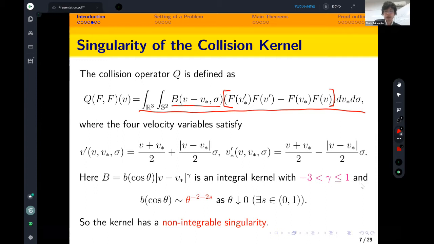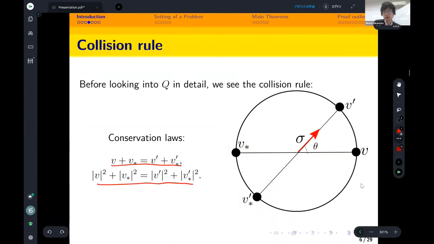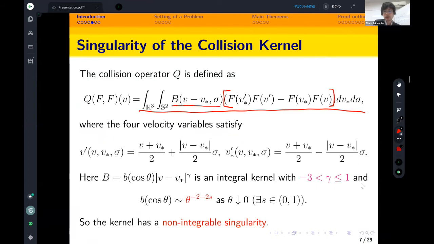From this part, we gain velocity v. And from this part, by the opposite reason, we have a minus, because if two particles with velocity v and v star collide, we get v prime and v star prime, but we lose velocity v. So here we take into account the collisions that lose velocity v.